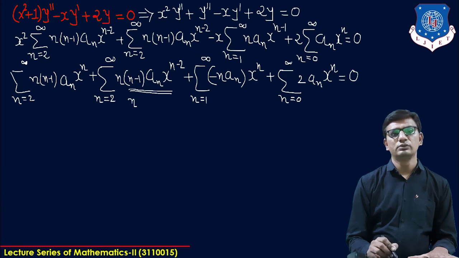We convert it into n power by replacing n with n + 2 in the second summation.